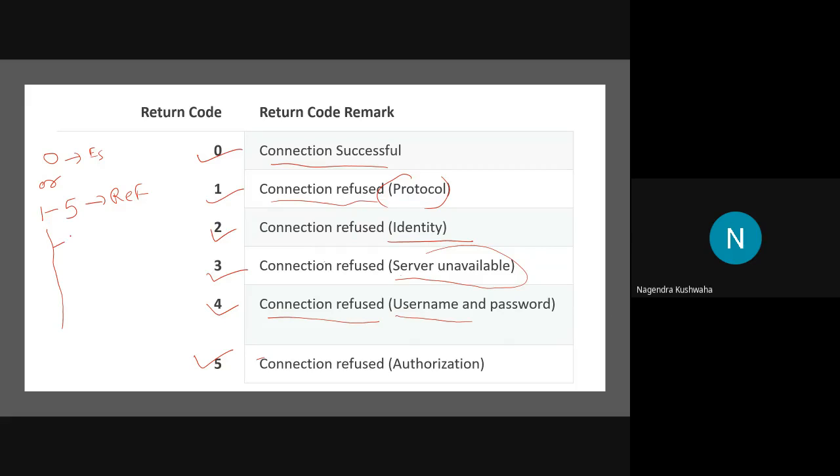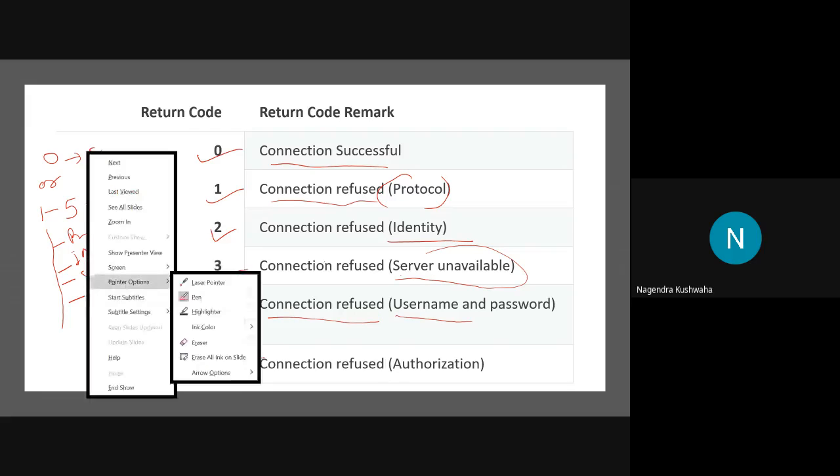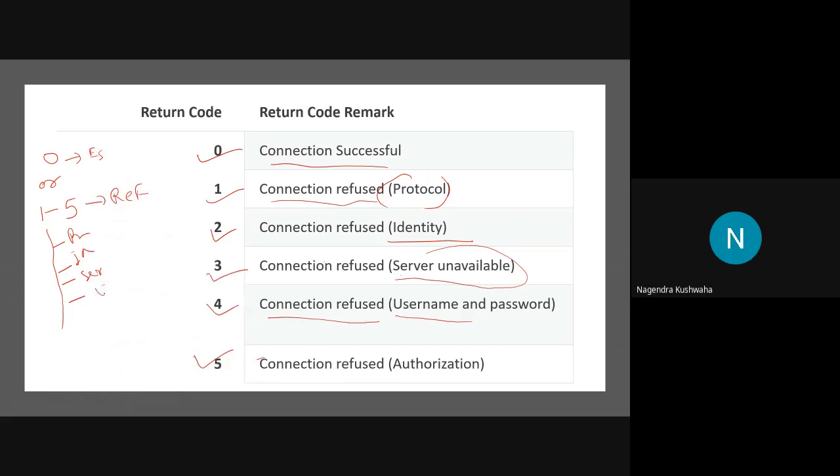The first one is protocol mismatch, the second one is identity mismatch, the third one is the server is not available, the fourth one is username and password mismatch, and the fifth one is that this client is not authorized to connect to the particular server, right? So here we can see what connect message is sent, the return code, and what the return code means.